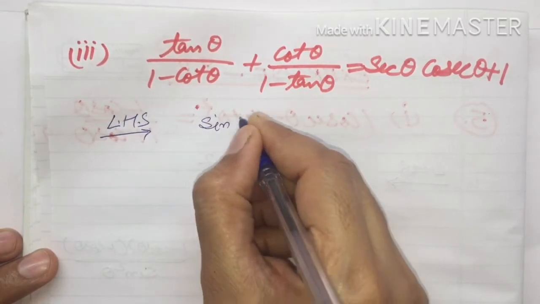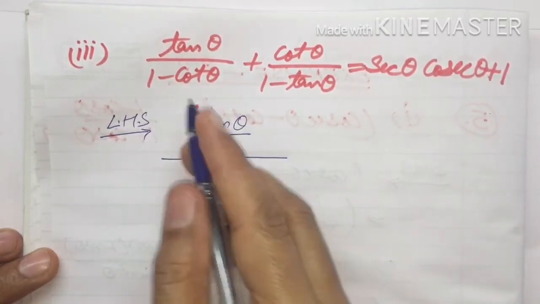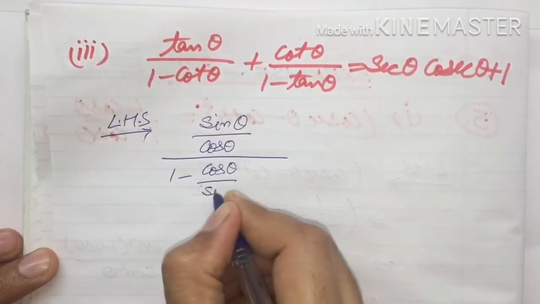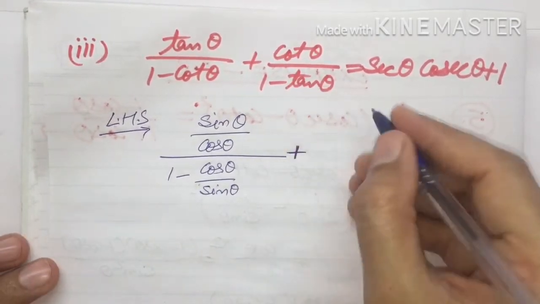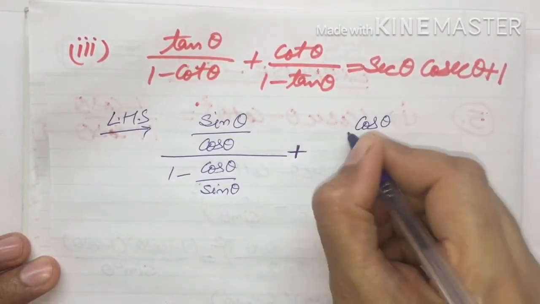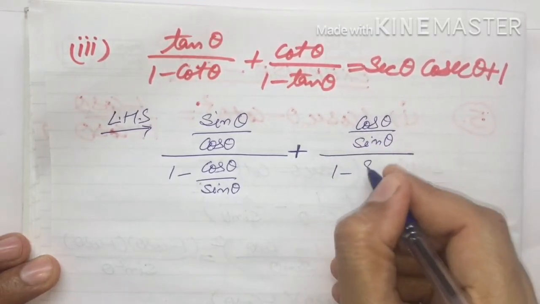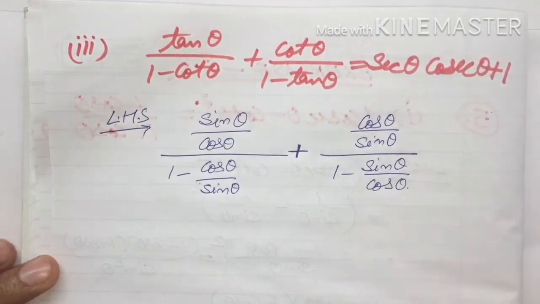So I will write tan as sine theta upon cos theta upon 1 minus cot means cos theta upon sine theta, plus second term cot is there, so cos theta upon sine theta, and 1 minus sine theta upon cos theta.